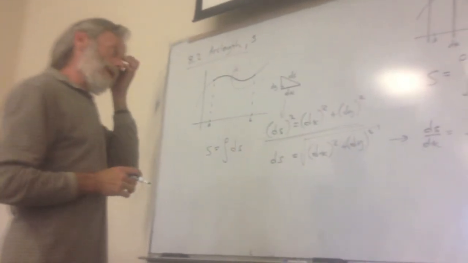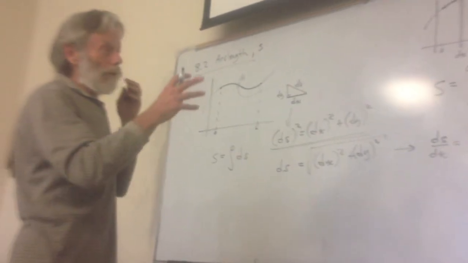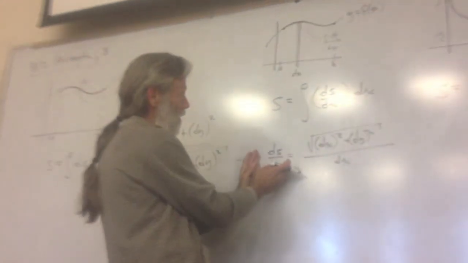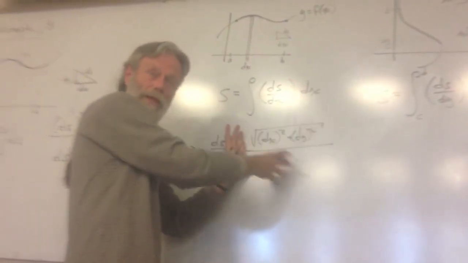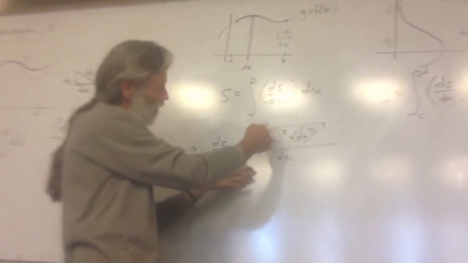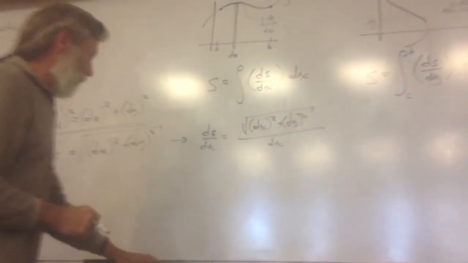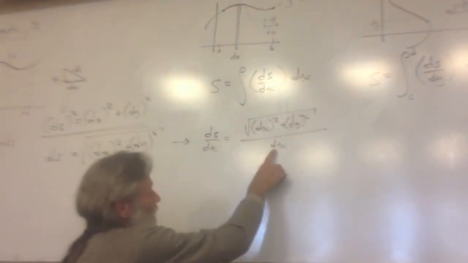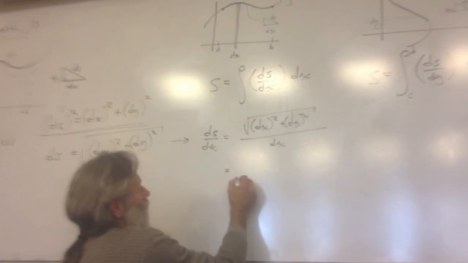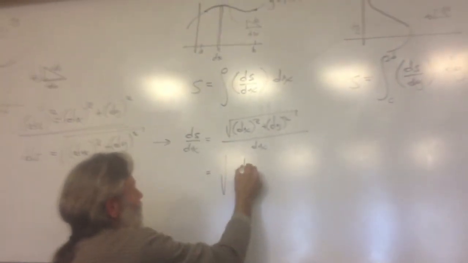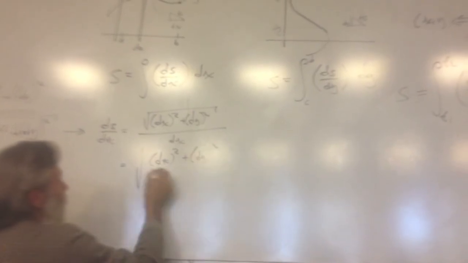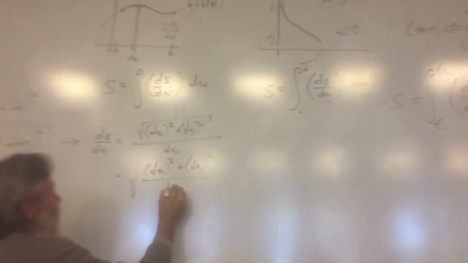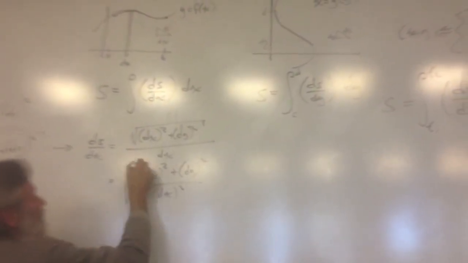Now, I want to get things that I can work with. This is now the dx dt. I want to substitute in here, but I have to have something that makes sense to me calculus-wise. And this with all the differentials is a little hard. So instead, think about it as the square root of dx squared plus dy squared over dx squared, everything in the root.